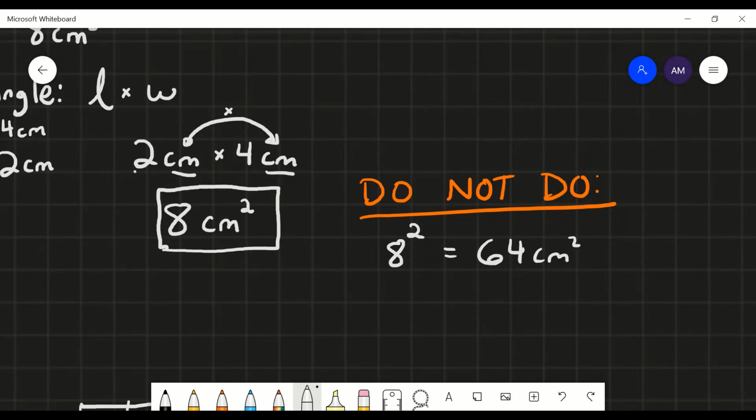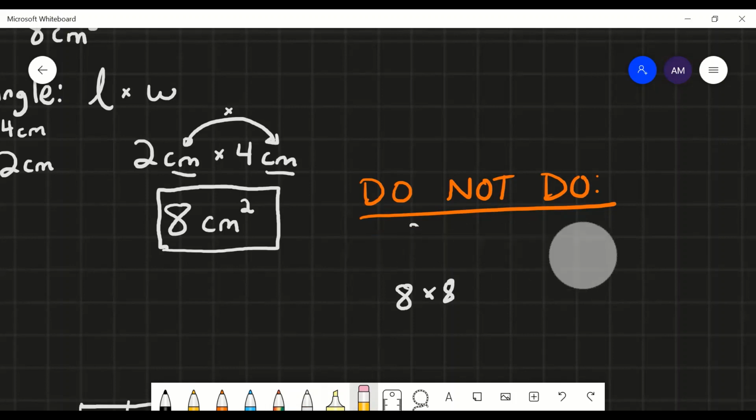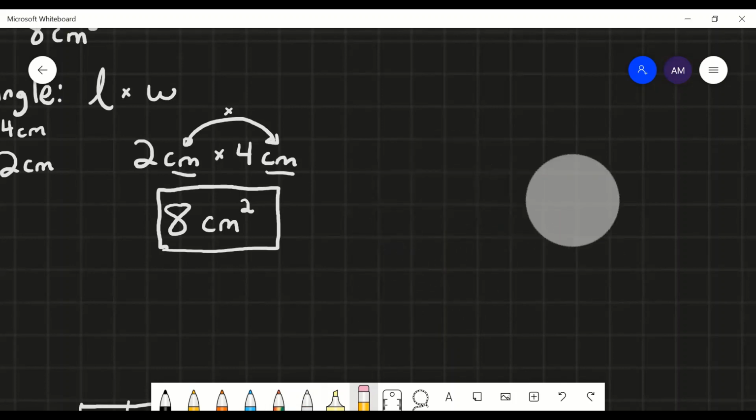You already did the multiplication of 2 times 4. You do not then have to do 8 times 8. That's been taken care of. 8 centimeters squared is the answer. Please do not put 64 as the answer. Remember that the square centimeter means that the centimeter itself is squared, or it is a square.